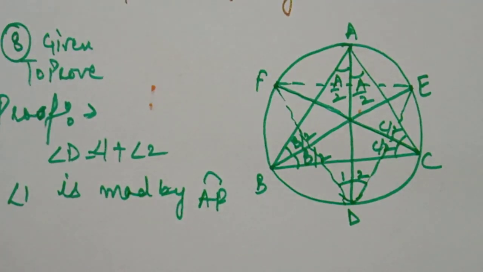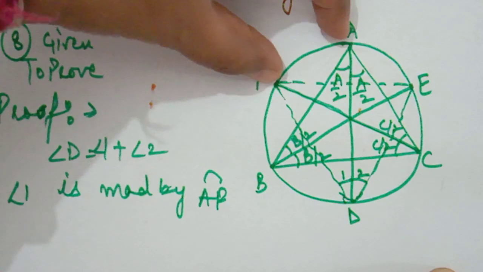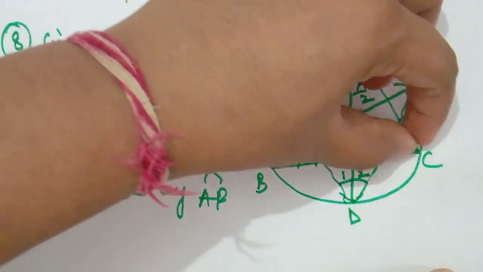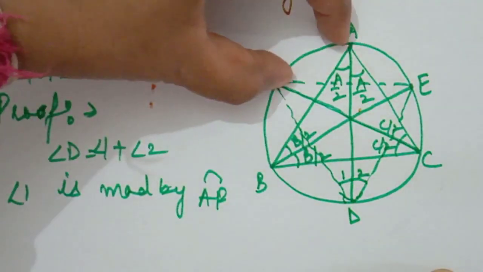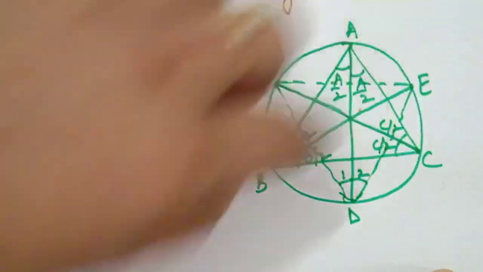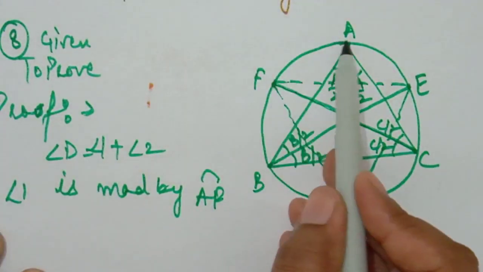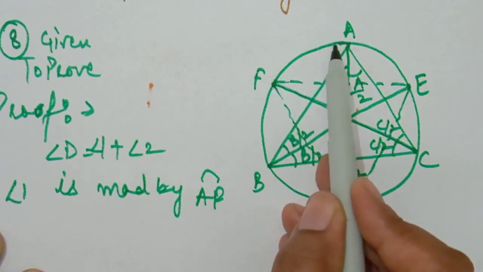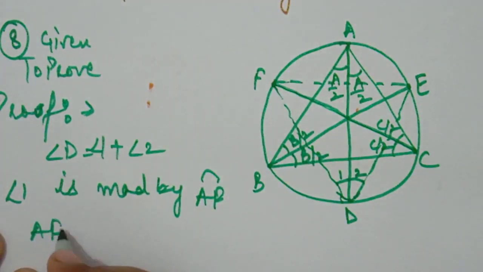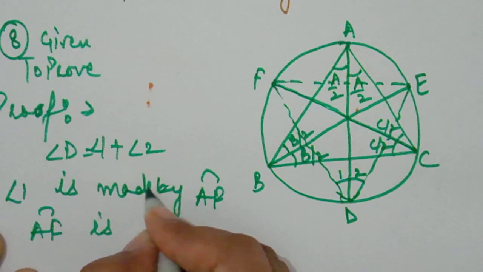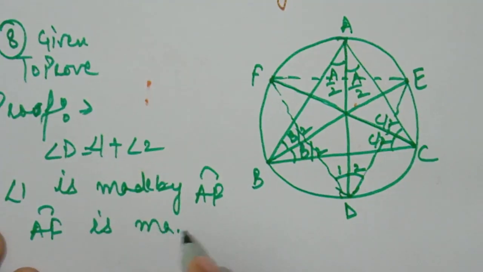Students, please try to recognize that another angle is made by the same arc. Yes, this arc AF makes another angle which is C by 2. See, this AF is made by this C by 2.